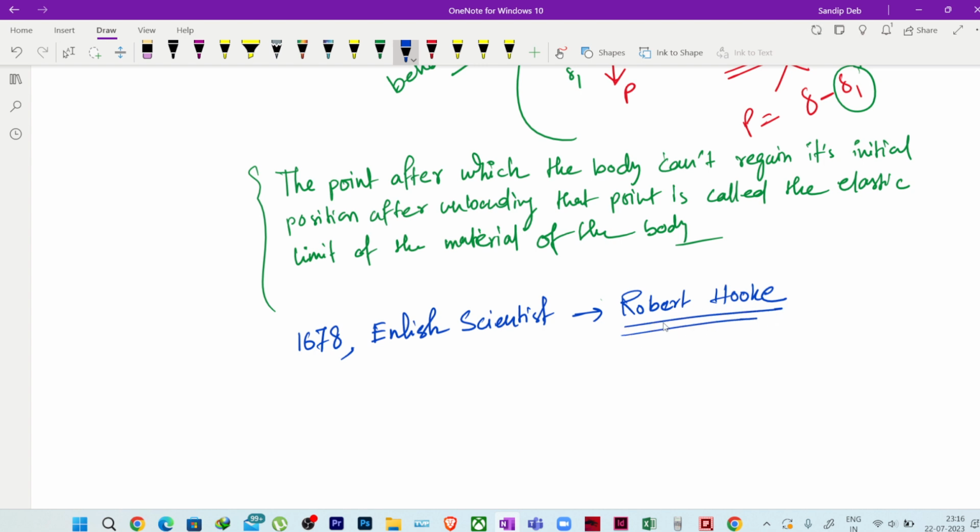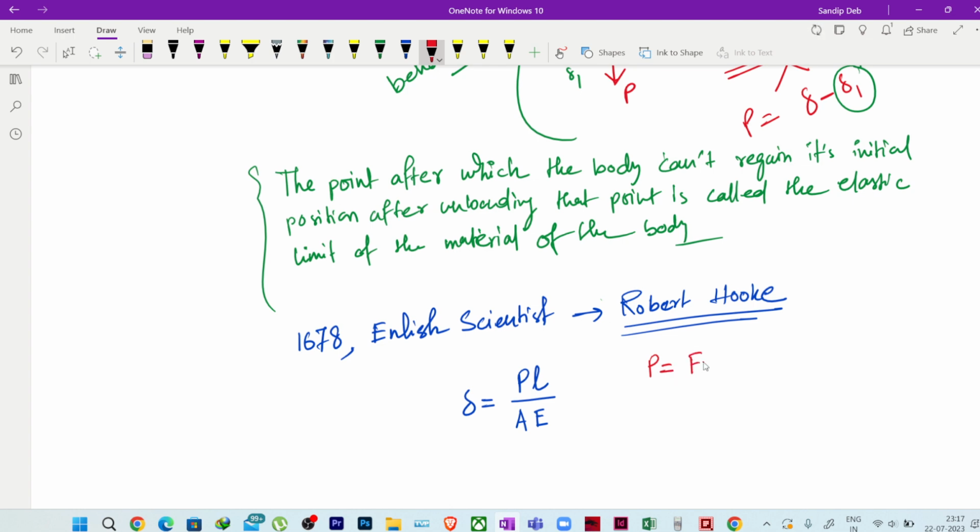Okay, and he came up with one equation for this linear behavior, which is the elongation, small delta, equal to P into L divided by A into E. P is nothing but the applied force. L is nothing but the total length of the bar. A is nothing but the cross-sectional area of the bar, and E is nothing but the modulus of elasticity. I will come to this particular point also. So I will just write it here.